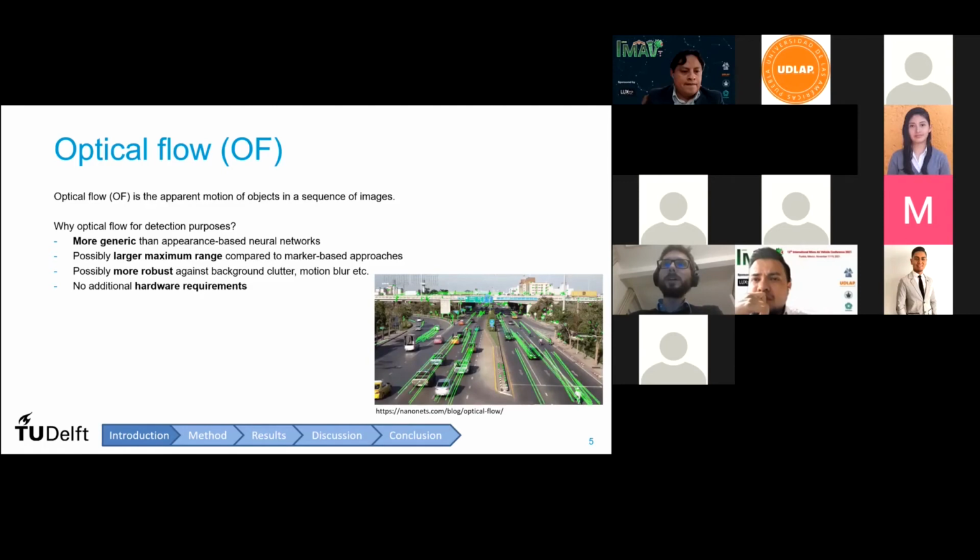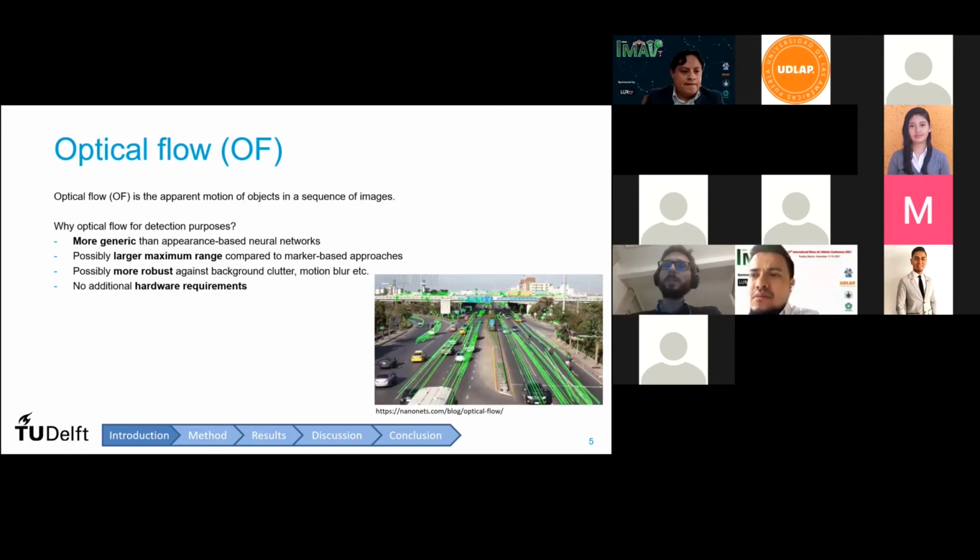Now, today we will talk about using optical flow for detecting other drones. And why would this be interesting? Well, it's quite generic, more generic than appearance-based neural networks. Because if you train to detect the appearance of other drones, then you're specializing to a specific drone that is in your training set.